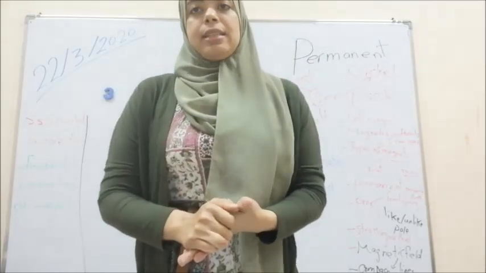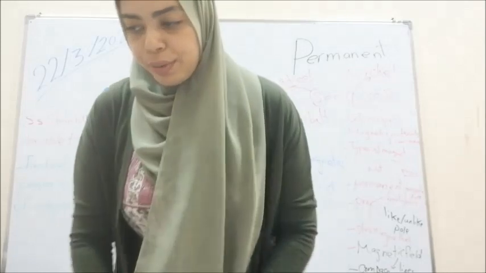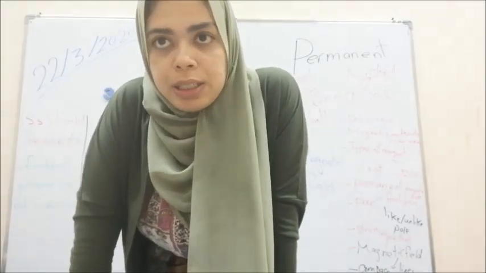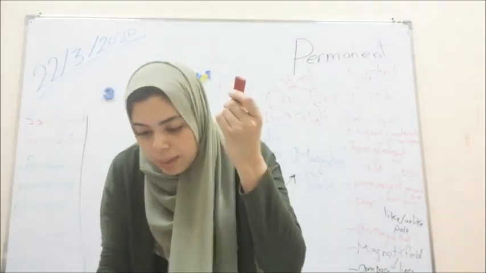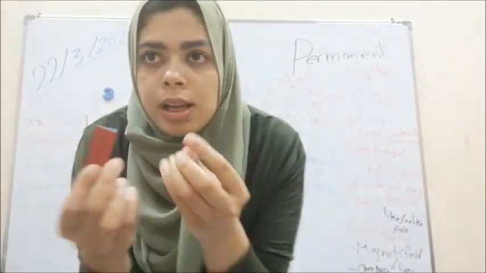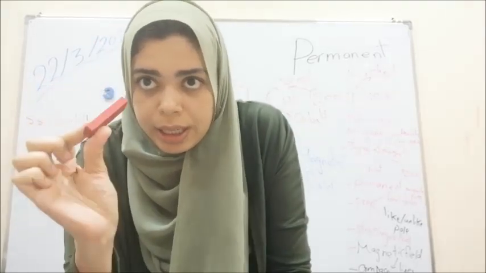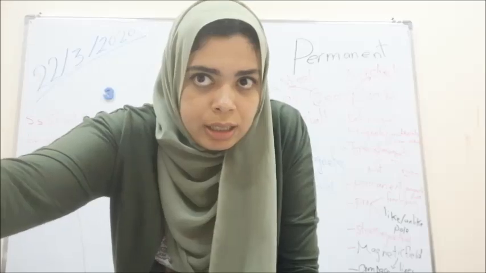After that, I'm going to show you a very beautiful, funny and exciting experiment about how to make a magnet at home. In that experiment you need an iron nail and a magnet, and any magnetic material like iron filings.